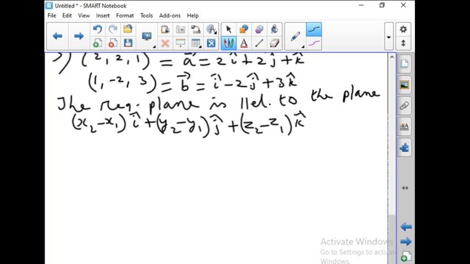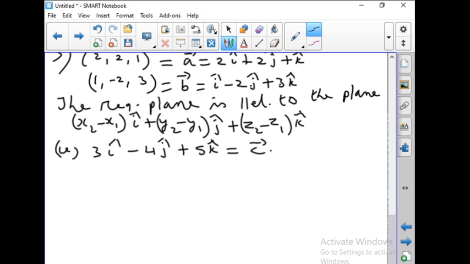So what is x2 minus x1? 2 minus of minus, so it becomes 3 i cap minus 4 j cap plus 5 k cap, and you take this as C vector.